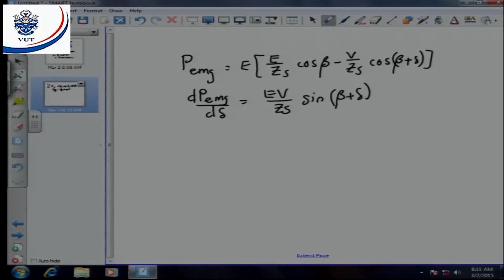To convert it to mechanical degrees, that will be delta EV over Z_s sine(beta plus delta), where delta is equal to P pi over 180.